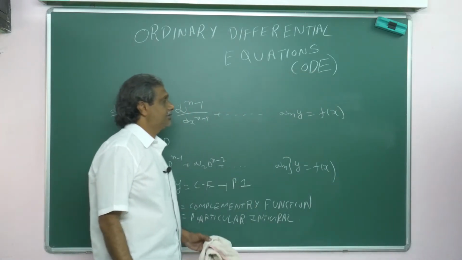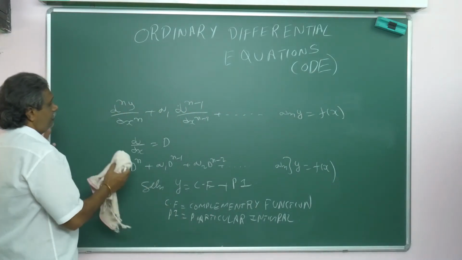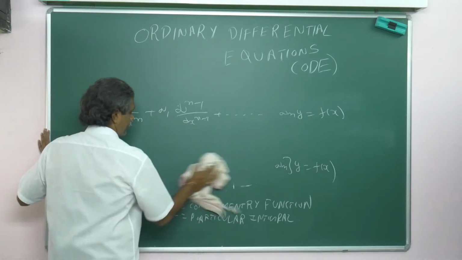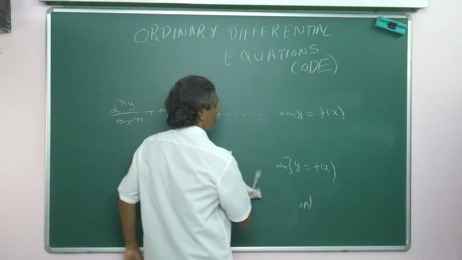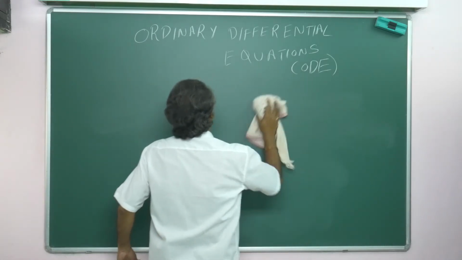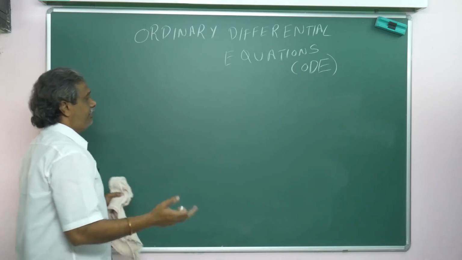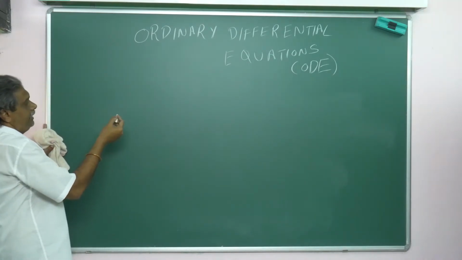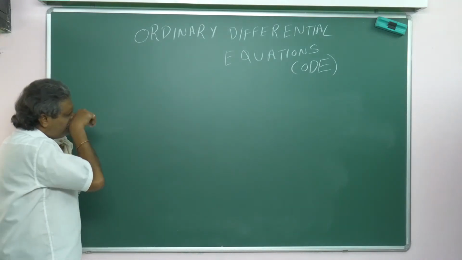Now we are going to discuss the CF. To find CF, you will get one big equation. Instead of nth order, I am taking fifth order or sixth order.